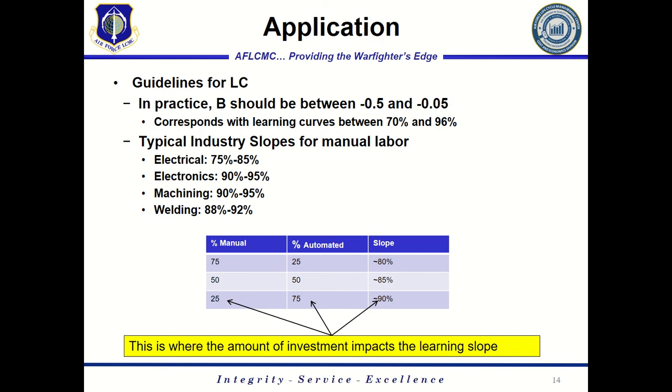The example that was always provided to me about the importance of automation and learning curve was regarding the Joint Strike Fighter F-35. When the original estimates for the vertical lift variant of the Joint Strike Fighter were done, the vertical lift fan, the fan that goes in the middle of the aircraft to give it vertical lift, was assumed to have a substantial learning curve, because as you're making those fans over and over again, you're going to learn quite a bit.